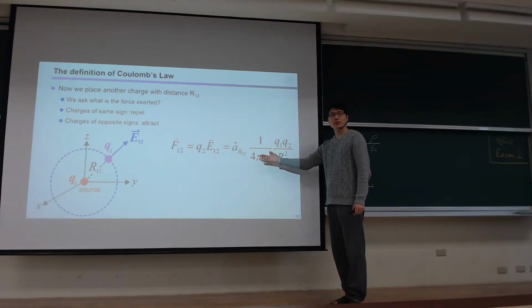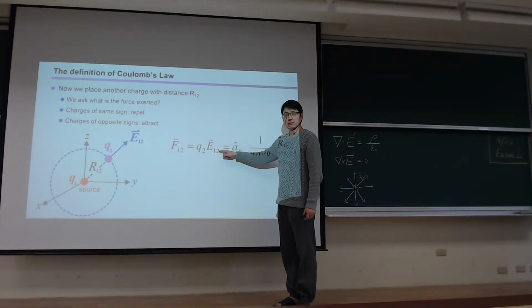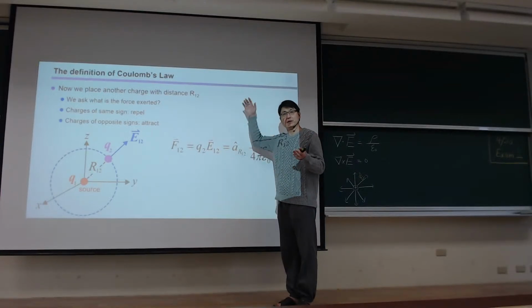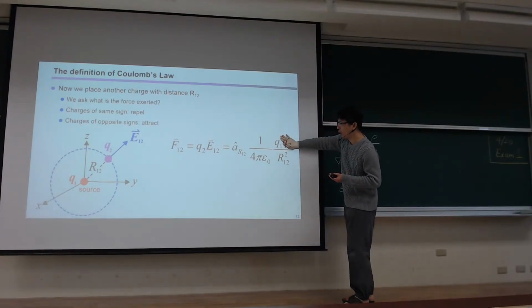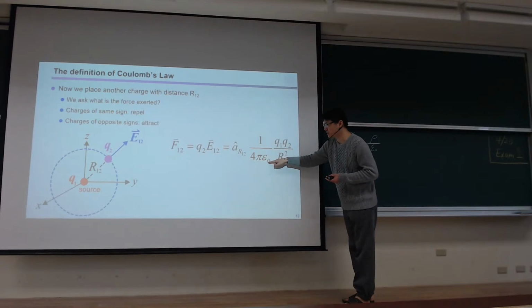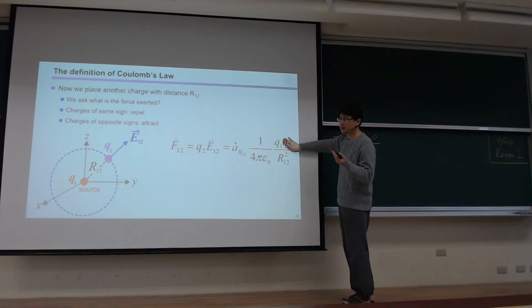But you know the answer already, because E12 is already derived in the previous part, right? It's just Q1 divided by 4 pi epsilon 0 R12 squared, right? This is E12, the field distribution created by the first charge.